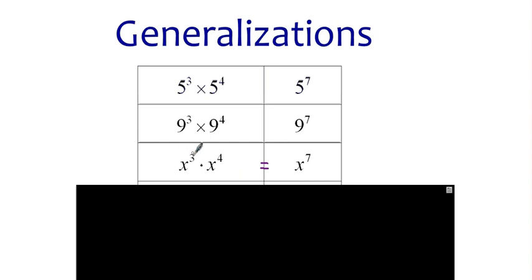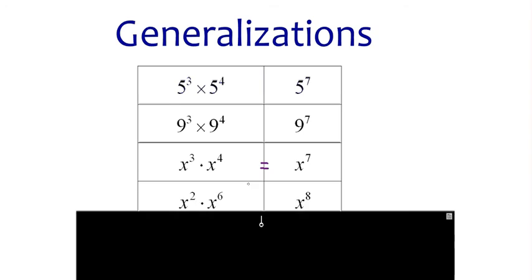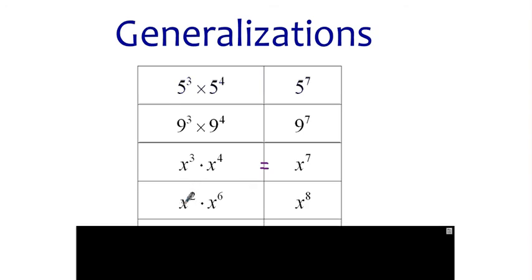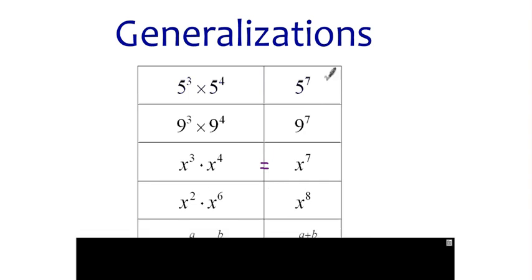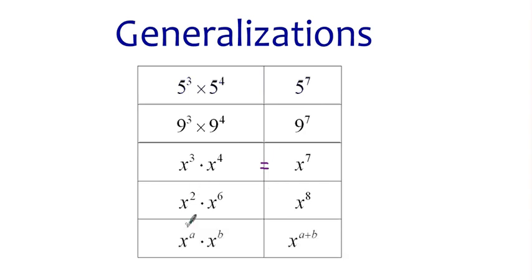The second thing to notice is that there's really nothing special about 3, 4, and 7. In fact, I could multiply 2 factors of x by 6 factors of x, and altogether I'd have 8 factors of x. Finally, nothing special about 3, 4, 7, 2, 6, or 8. I could start with any values, call them a or b, and if I had a factors of x multiplied by b factors of x, altogether I'd have a plus b factors of x.